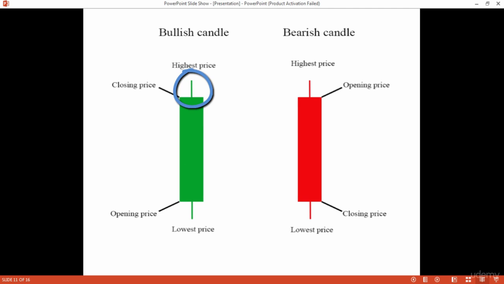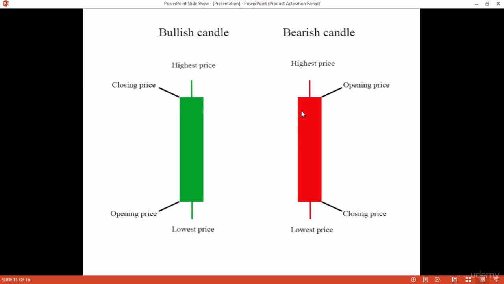The top dash indicates the highest price observed during this interval. The bottom dash indicates the lowest price of a currency pair during this time interval. The bottom line of the rectangle represents the opening price, while the top line of the rectangle represents the closing price of the observed currency pair in that time interval.